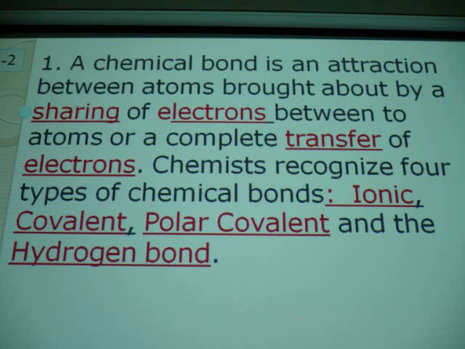Now, a bond is an attraction, as you know. And atoms can either share electrons or they can give them away.